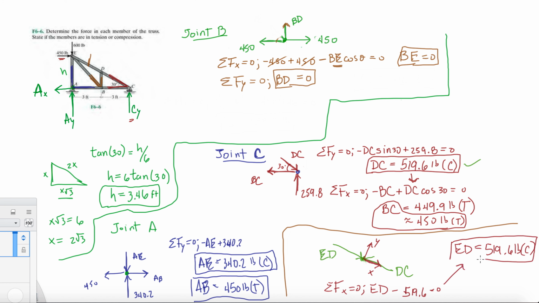And again, if you're super worried about this, remember, we first start out by analyzing the structure as a whole to get those reaction forces. Ignore the tension, compression, all that. Just figure out what the reactions are, and then we begin to break it down, analyzing the joints that have the most information first. Before you just assume directions, try to do some mental work.